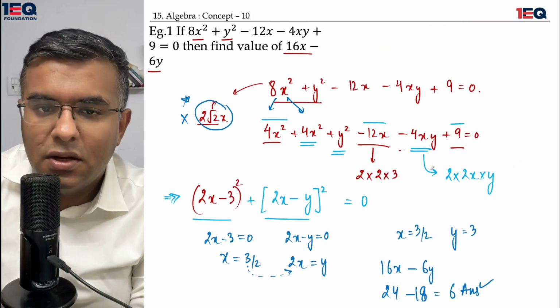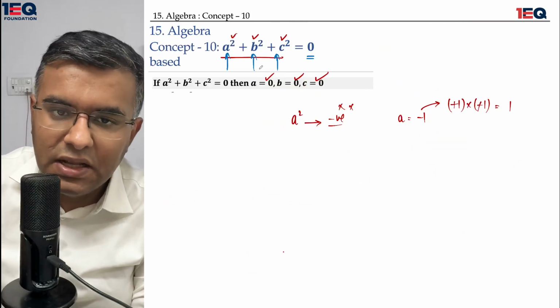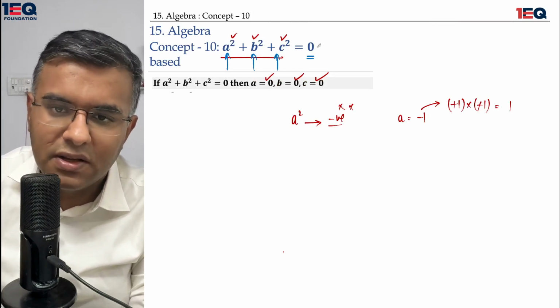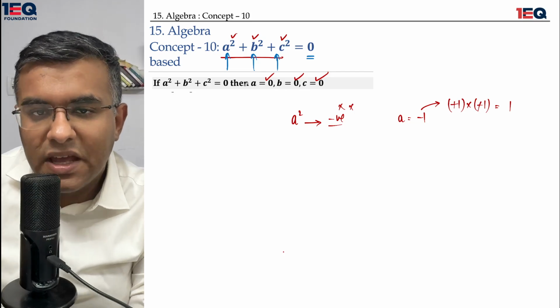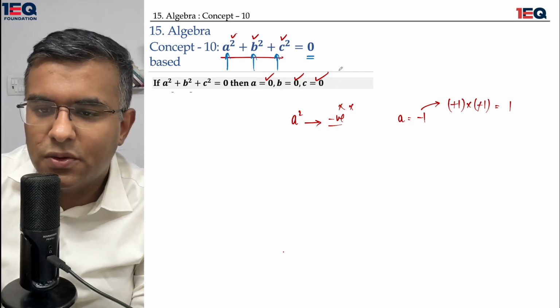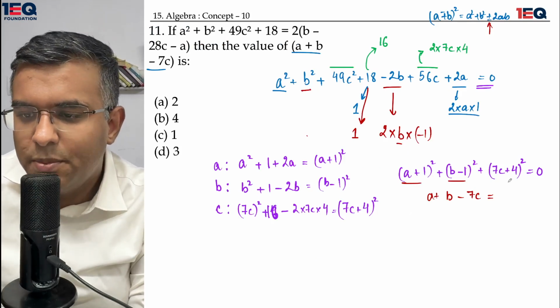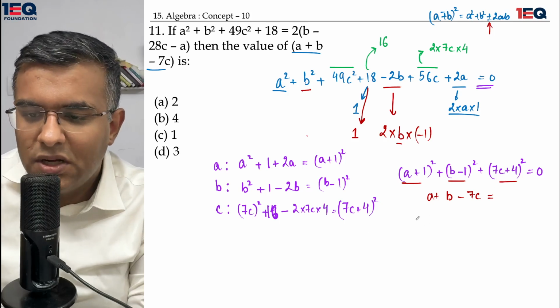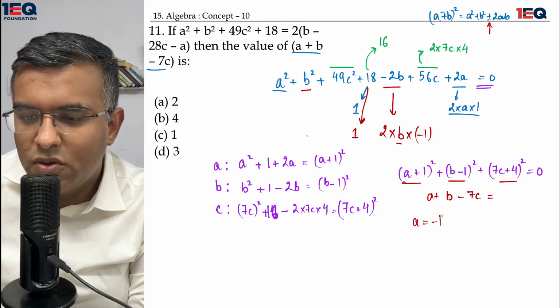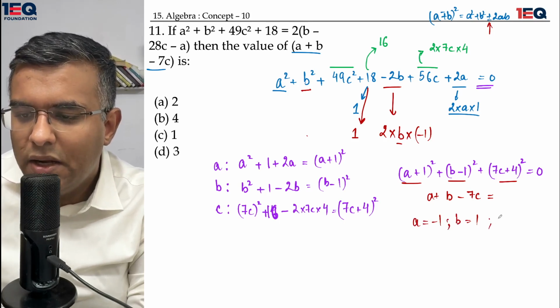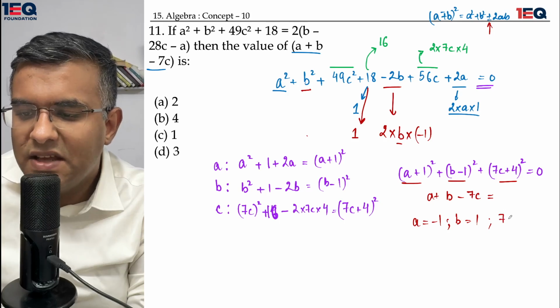Taking you back to the same place where I said anything square plus anything square plus anything square is equal to 0, then you have to assume that all of them are equal to 0. So I will assume that these three separately are equal to 0, which would lead me to the conclusion that A is equal to minus 1, B is equal to 1, and 7C is equal to minus 4.